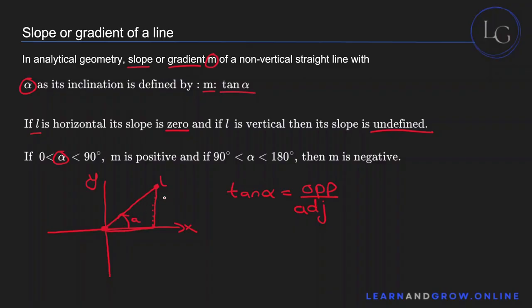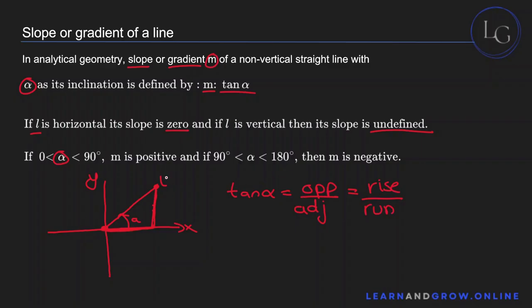Tangent of alpha means you're dividing this vertical by this horizontal, the opposite over the adjacent. So it's equivalent to the rise, the y value, over the run, the x value that you cover.